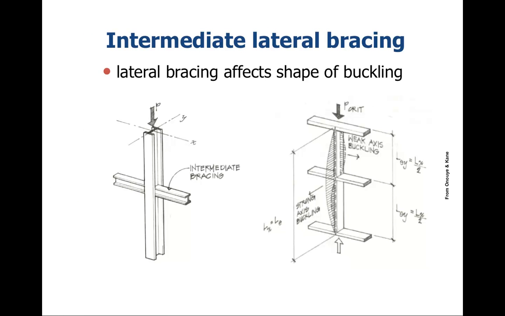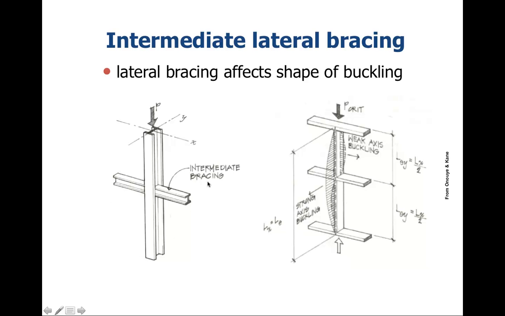Now that we have some idea of how we look at buckling, what sorts of things can we do about it? Primarily what can be done is lateral bracing, which basically limits the effective length. So you have lateral bracing along here. We know that this is liable to buckle out like so.